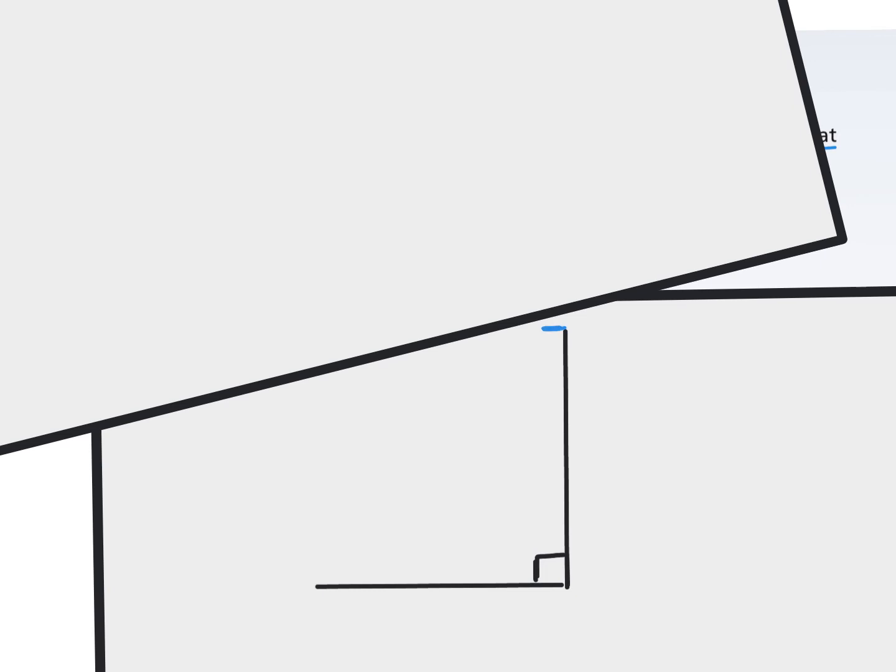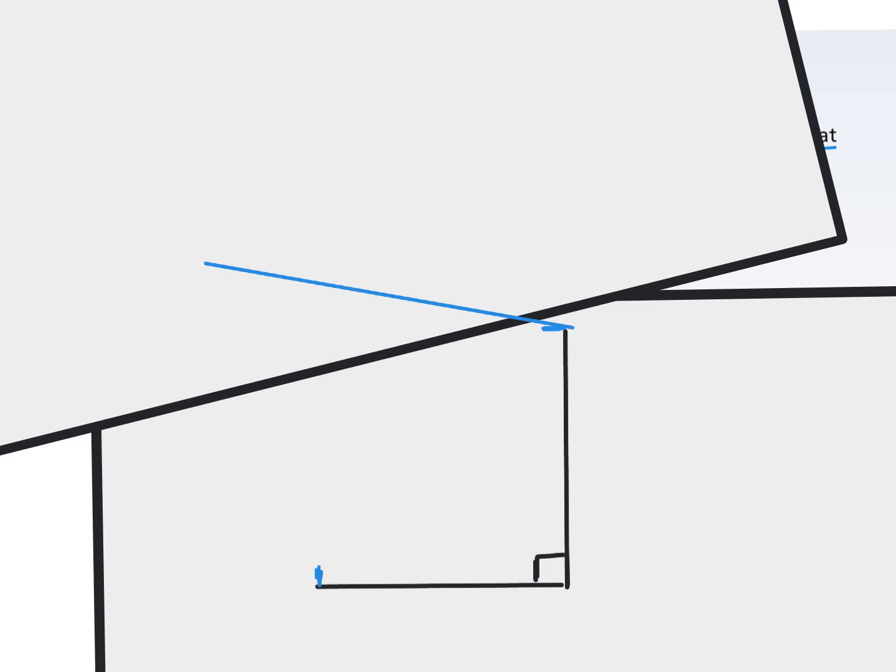So if that's 90, we just want 10 more degrees from that. Okay, so that would be about 100 degrees there. We'll do the same thing over here.